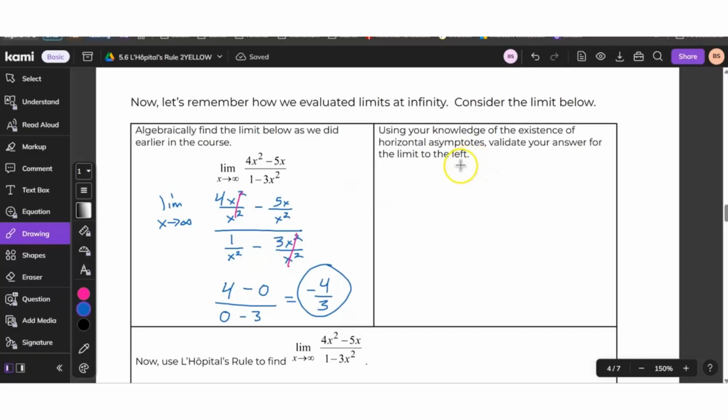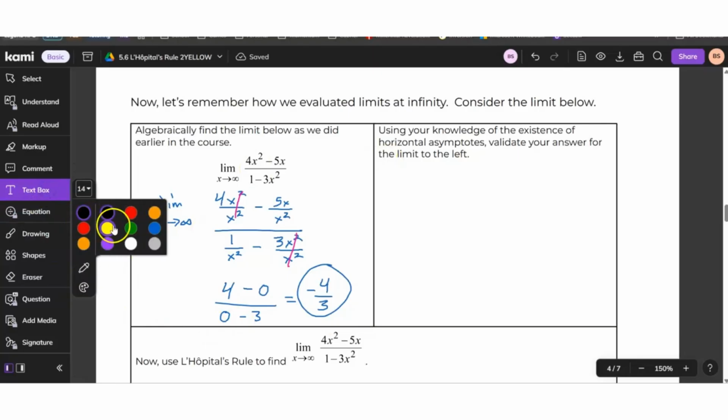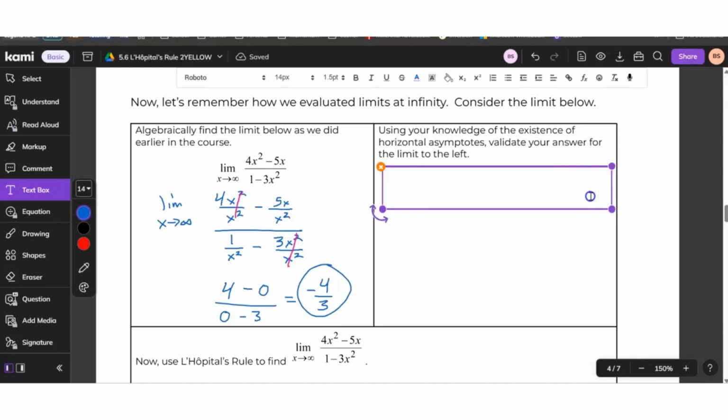When it's 1 divided by infinity, it's 0. Okay.